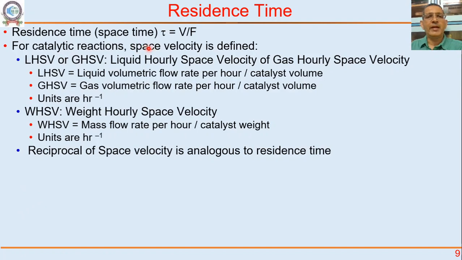For catalytic reactions, rather than defining residence time, we define space velocity. Space velocity is either the liquid hourly space velocity or the gas hourly space velocity. Liquid hourly space velocity is the liquid volumetric flow rate per hour divided by catalyst volume, so Q_L divided by volume of the catalyst.